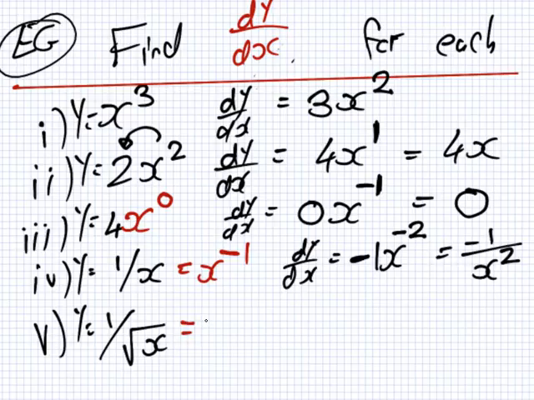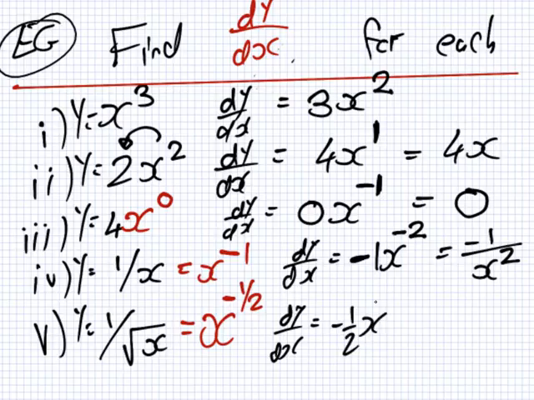What is this one as a power? x to the power minus a half. So then we get dy/dx equals minus a half x to the power minus 3 over 2. And this, if you were to write it back, would be minus 1 over 2 square root x cubed.